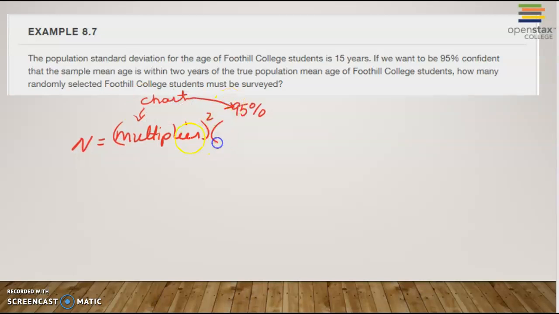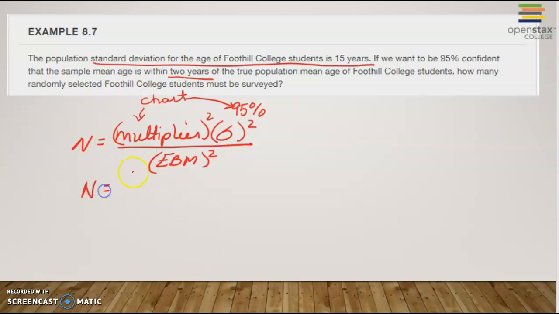Then you've got the standard deviation squared. And they gave us our standard deviation here. And then the error bound, error of the mean. It's going to be within 2 years. They want it to be that. What is your n? How big is your survey?